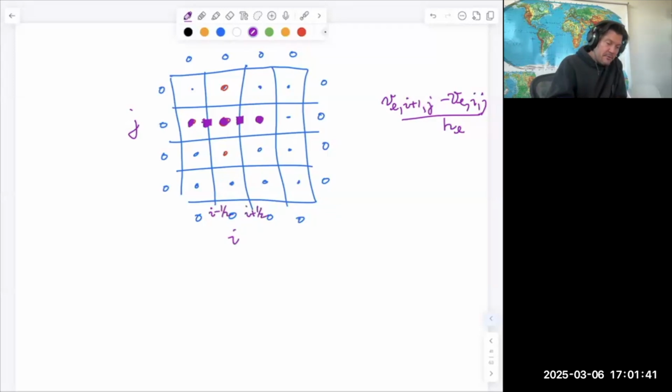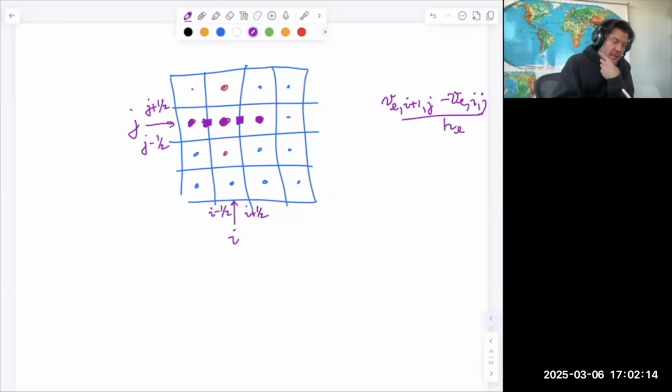Okay, let's get rid of our ghost points. We don't need them. All right, so I minus a half, I plus a half, and I, of course, is right here in the center. Same thing with this point here, J, and then we have J minus a half, J plus a half. And J is right there.